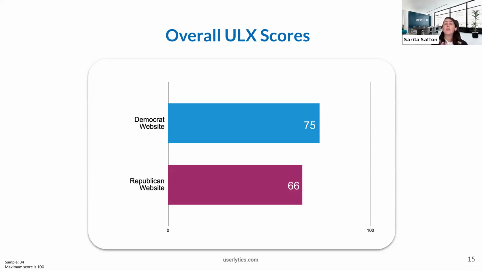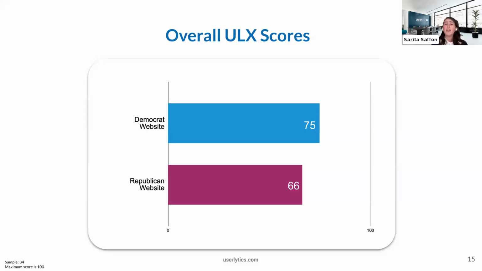However, in order to confirm that the two ratings truly differ from each other, we ran other statistical tests. And in this case, we actually discovered that even though we can see that difference between the websites' ULX scores, this difference is not statistically significant. What does this mean? It means that there is not actually a meaningful difference between the two sites.